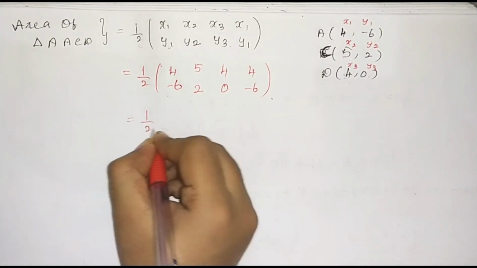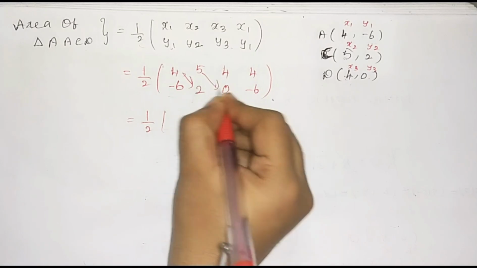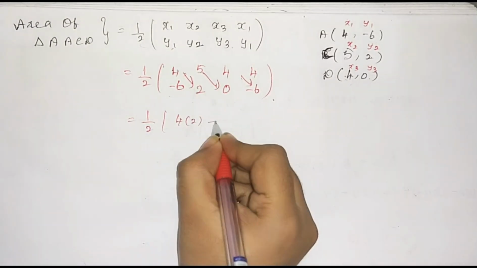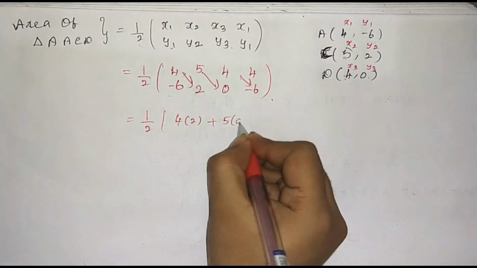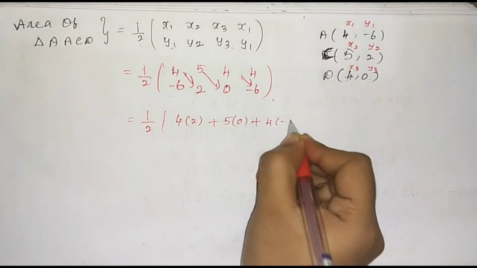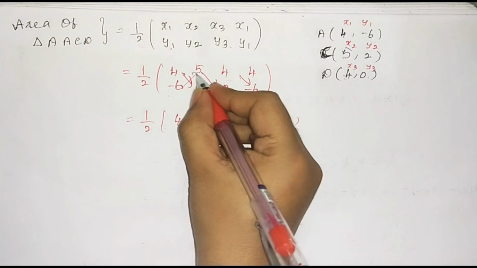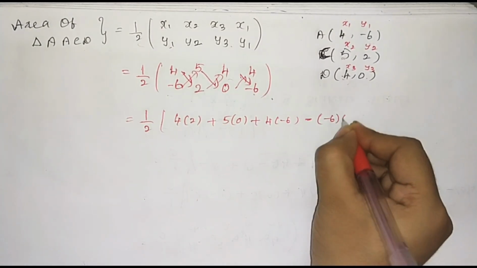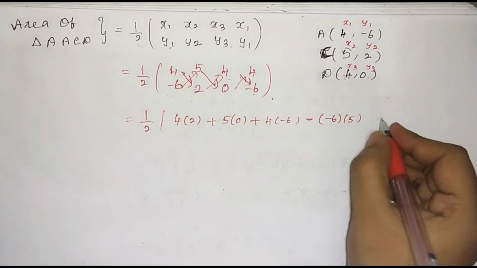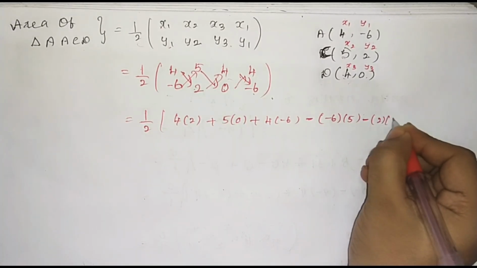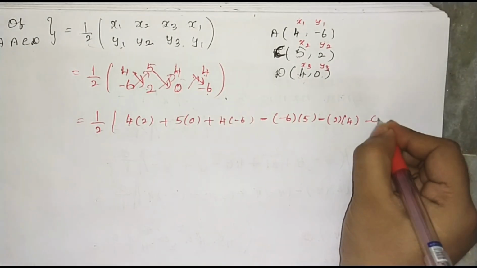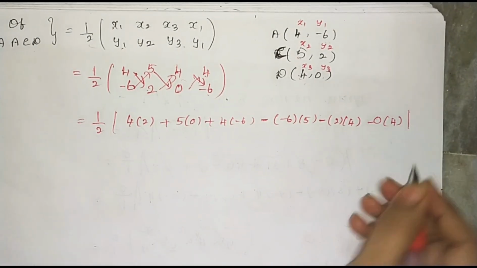Now arrow marks, top to bottom, the middle symbol is plus: 4 into 2 plus 5 into 0 plus 4 into -6. Now bottom to top, the symbol is minus: 6 into 5, 2 into 4, minus 2 into 4, again minus symbol, 0 into 4.